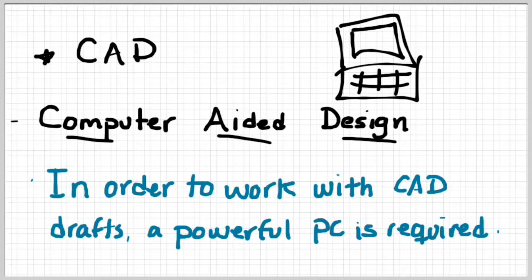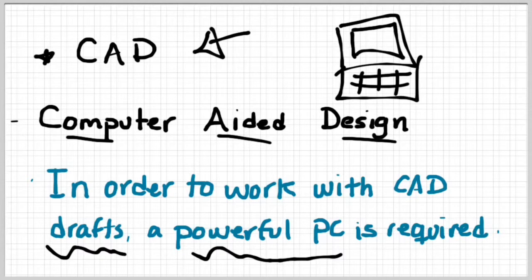Example: in order to work with CAD drafts or projects, a powerful PC is required. Why? Because normally this software requires a lot of processing power, so having a good computer is always recommended.